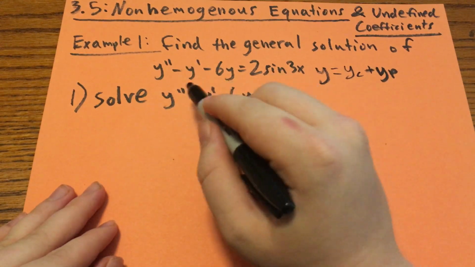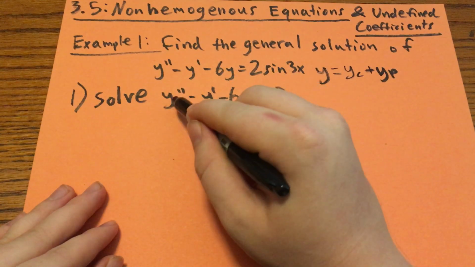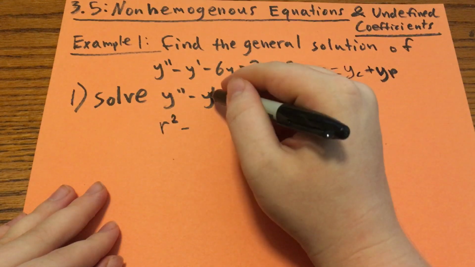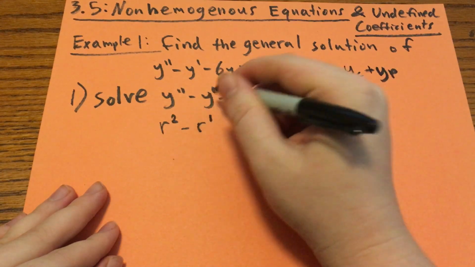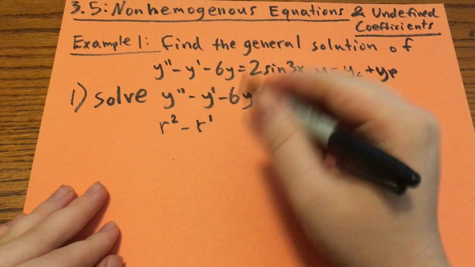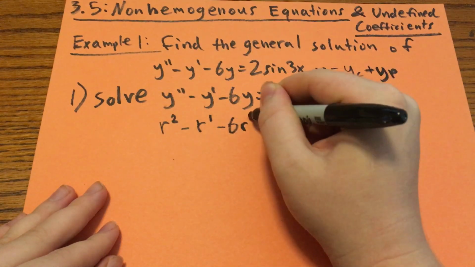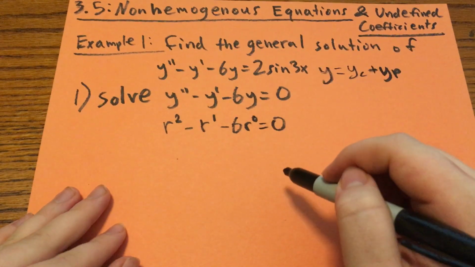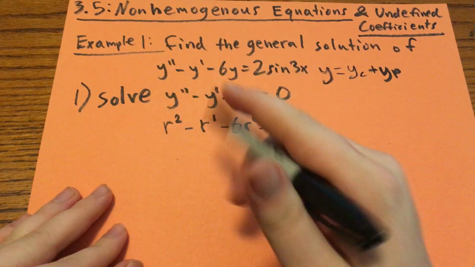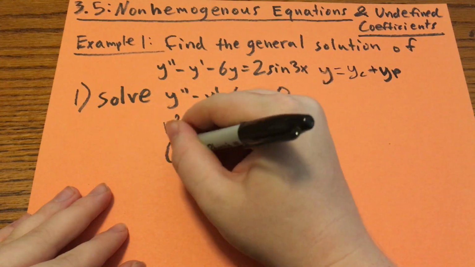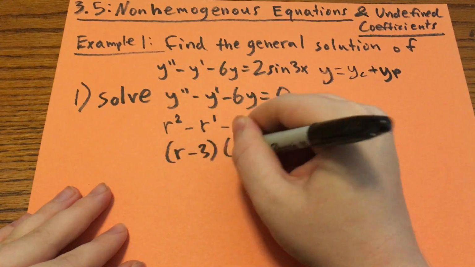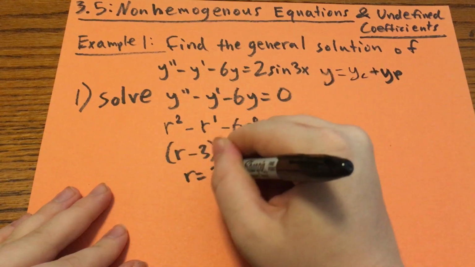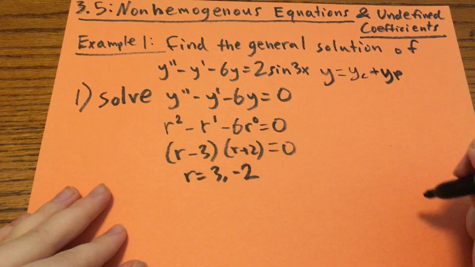Since y has been differentiated twice right here, we go r squared minus r to the first power, because it's y prime, minus 6r to the 0 power, and that's equal to 0. And we can just solve this by factoring, and we get r minus 3 times r plus 2 equals 0, and r equals 3 and negative 2.